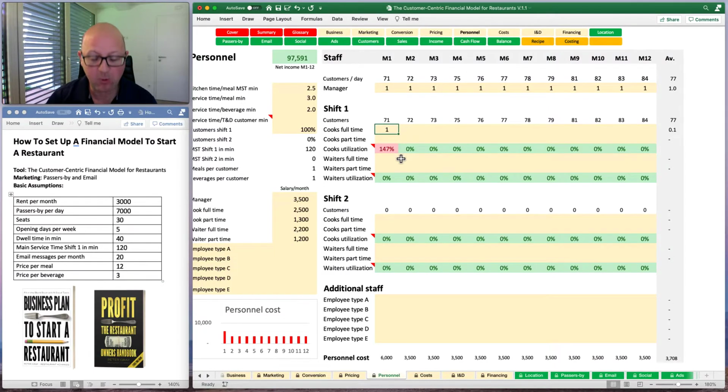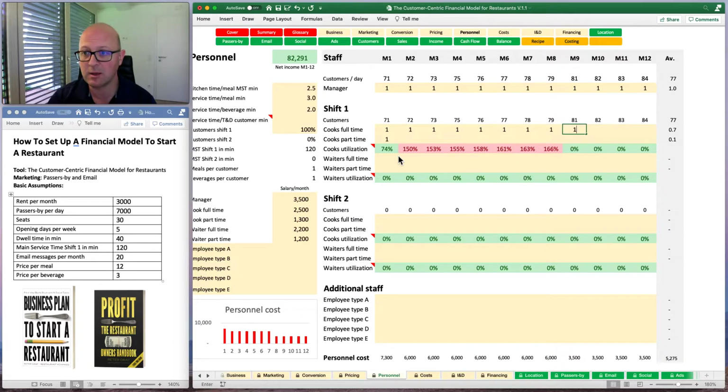So we will probably need a second cook. Okay, so it's green now. The option you have is to say, okay, I take one full-time cook and one part-time cook, because that's two cooks during rush hour. And maybe if this is possible for you, then you could save some personnel cost. So let's stay with this model.